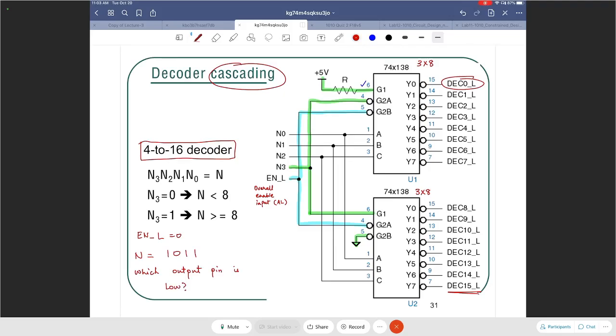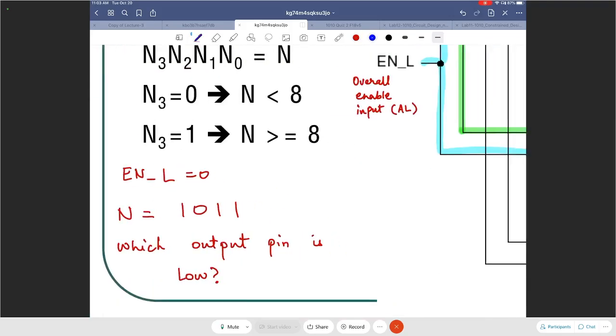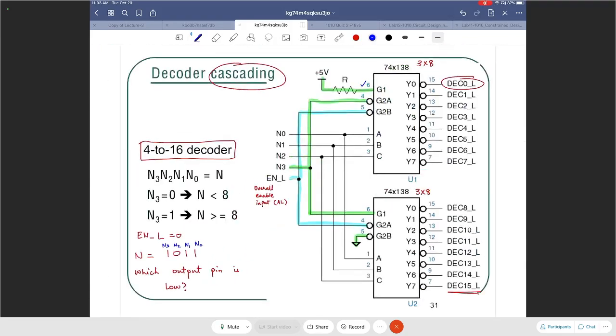So you would read N as N3, N2, N1, N0. So this would be N3 here, N2, N1, N0. Let's answer this first. Which chip is going to be active, the top or the bottom one? Which chip is active? The bottom.